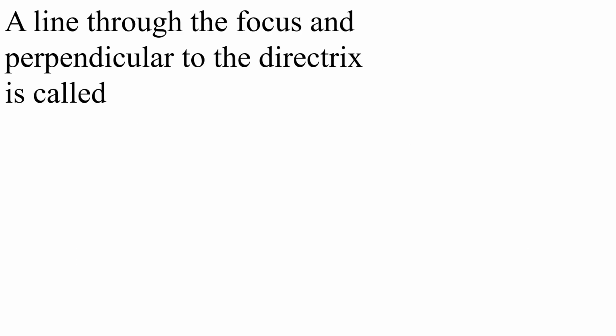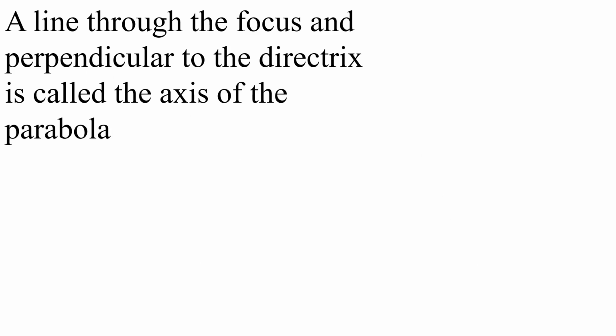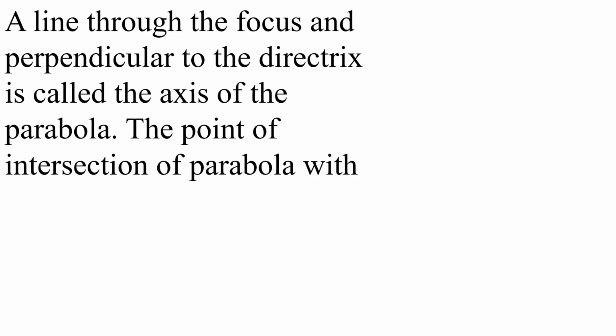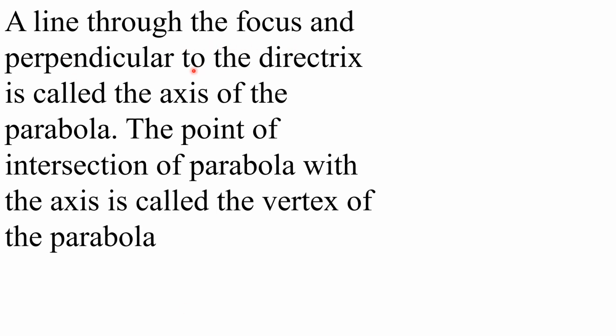Now, in this slide, let us discuss the parts of the parabola. See this point: a line through the focus and perpendicular to the directrix is called the axis of the parabola. The point of intersection of the parabola with the axis is called the vertex of the parabola.